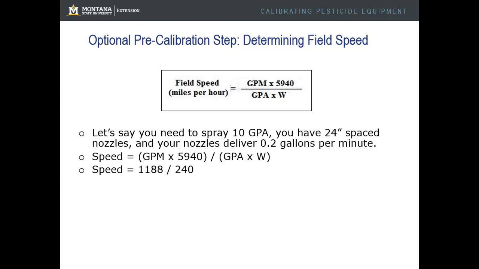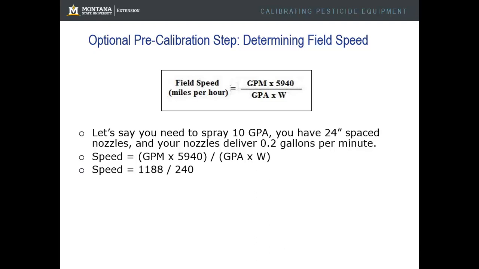An optional pre-calibration step that may assist your equipment in delivering the sought-after output uses the 5940 equation. This equation does not need to be used by pesticide applicators, but is a useful tool for determining ideal field speed to deliver a predetermined GPA for boom or boomless sprayers in one attempt.